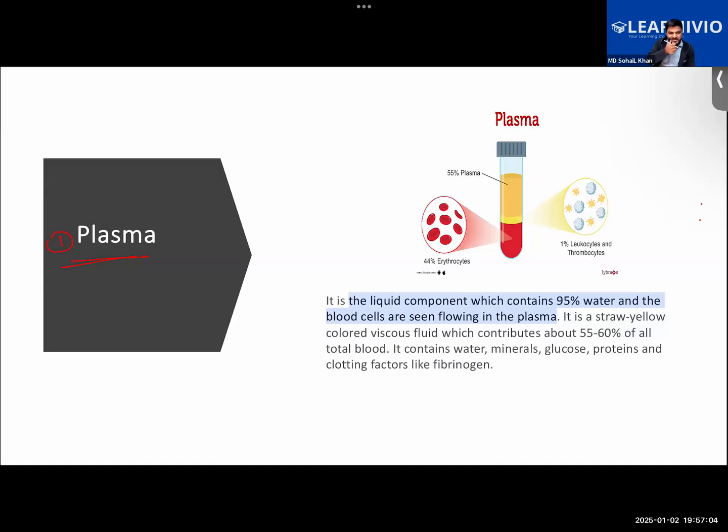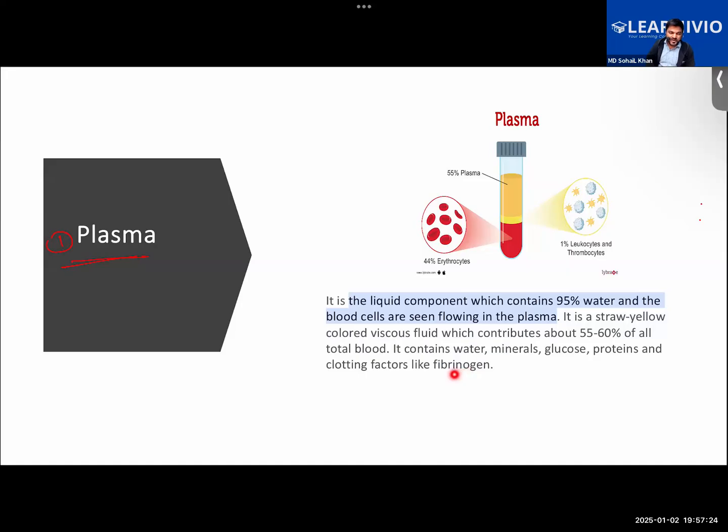This plasma helps in the transportation of different substances throughout the body. And what is the blood plasma made up of? It is made up of water. It contains salt, fat, glucose, proteins, minerals, and some other substances.